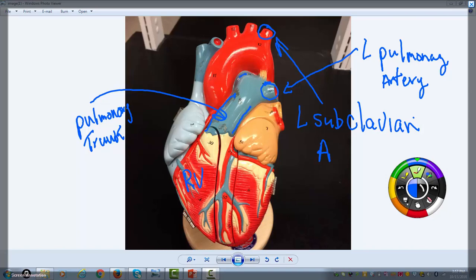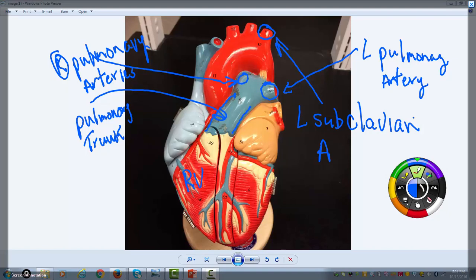And this structure right here is obviously the right pulmonary artery. They carry deoxygenated blood that's high in carbon dioxide and low in oxygen, because it's coming from the cells back to the right side of the heart to get reoxygenated in the lungs.